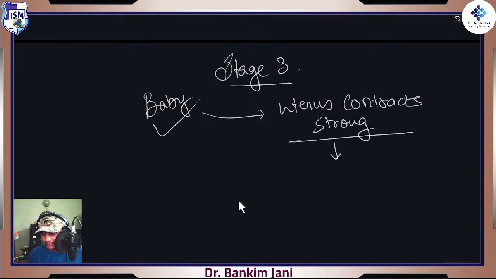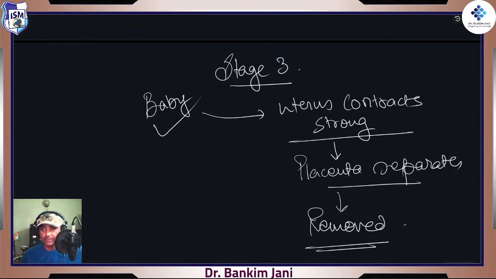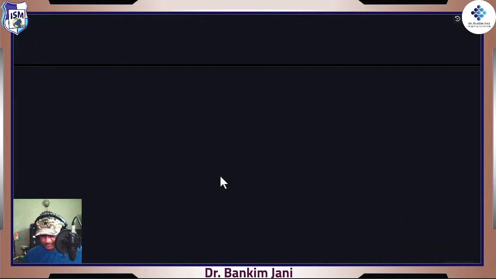The uterus would say, now let this placenta go. So the placenta separates from the uterine wall, and this is removed. So that is stage 3, because nothing is to be left out, because there is no point in that, right?